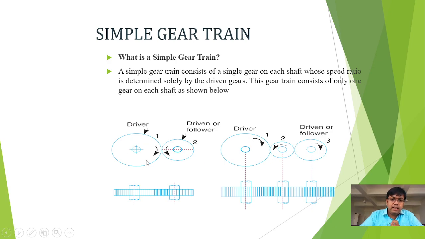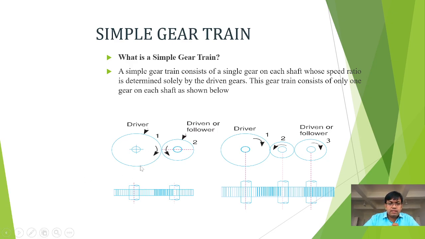But the circle which I am representing here to show the simple gear train arrangement is a pitch circle, because the pitch circle represents the design, that is the size and shape of the gear. Therefore, a pitch circle can be used directly to represent a gear.